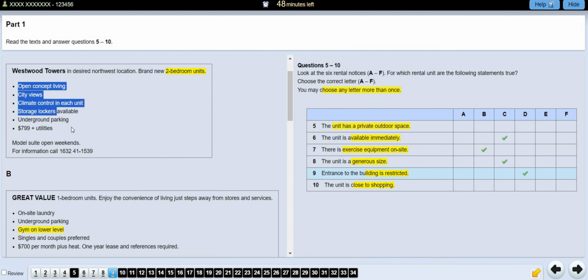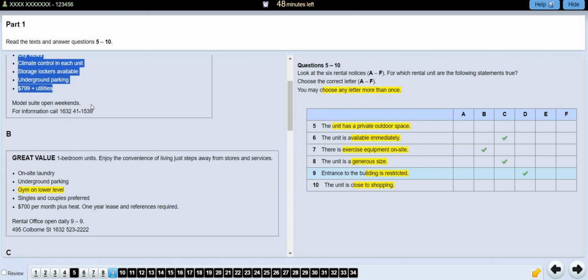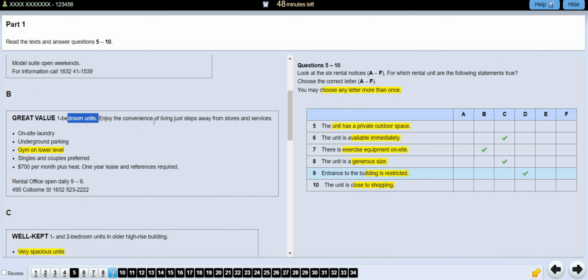Two-bedroom units, shopping center, model suite, one bedroom, enjoy the convenience of living steps away from the stores. Oh my god, I missed this one. Shopping center, okay, yes.